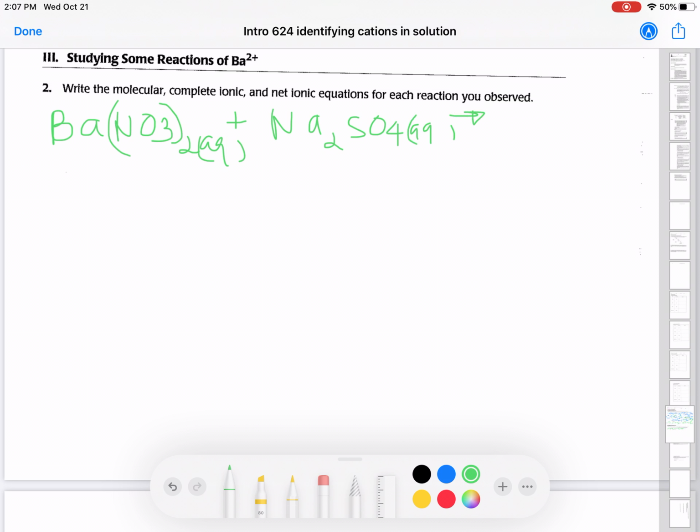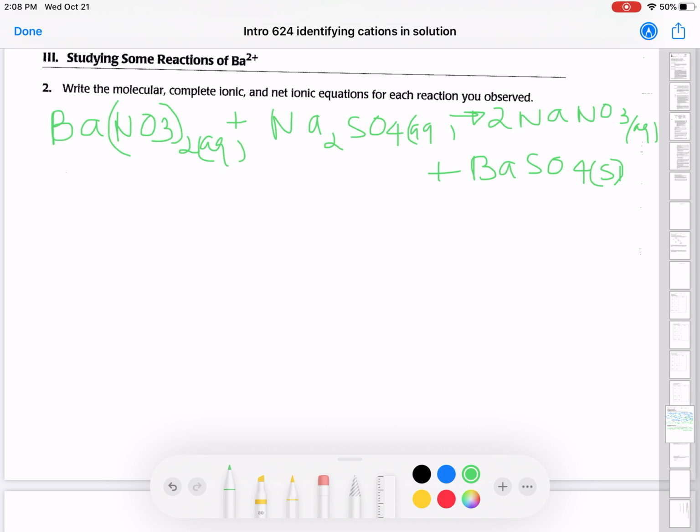It's going to give us 2 sodium nitrate aqueous plus barium sulfate. Now barium sulfate was a solid, it precipitated out. Okay, and let's see if the reaction is balanced. It is balanced. So this is the molecular equation.